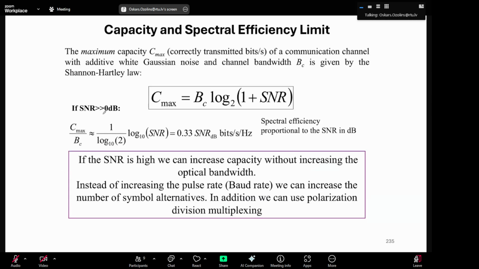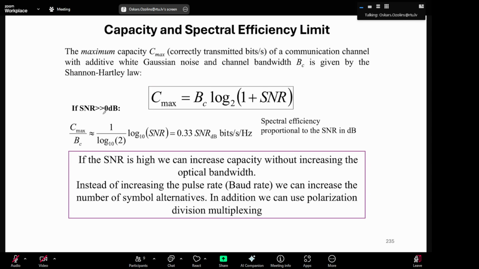But it's also important to remind ourselves about the equation which sets how much signal we could transmit, and this is related to two basic parameters: signal to noise ratio, and what is our bandwidth in the system. So it very much depends on what type of signal to noise ratio we have.